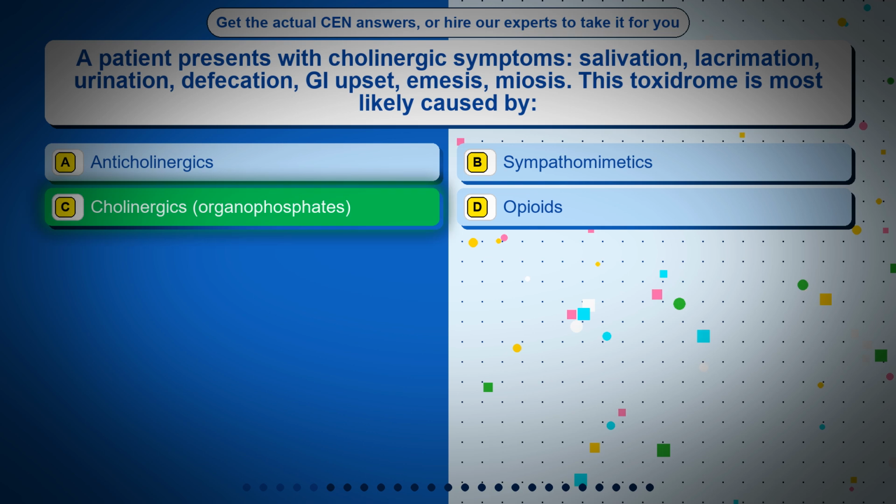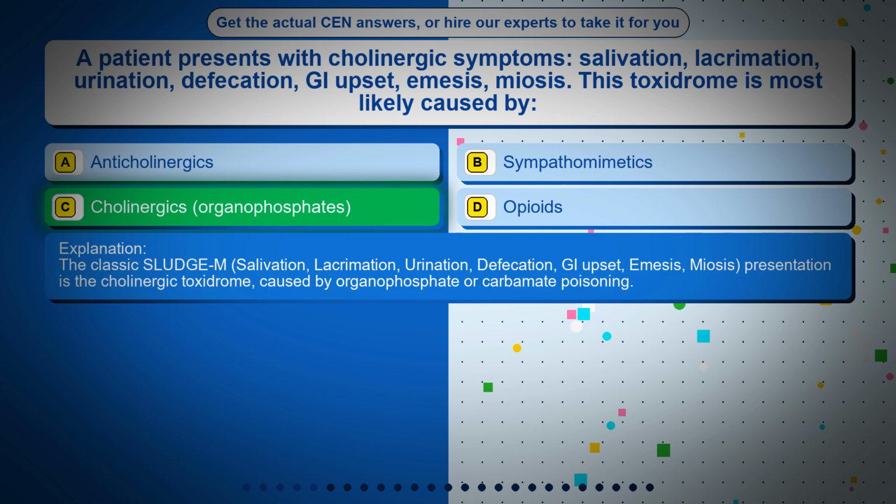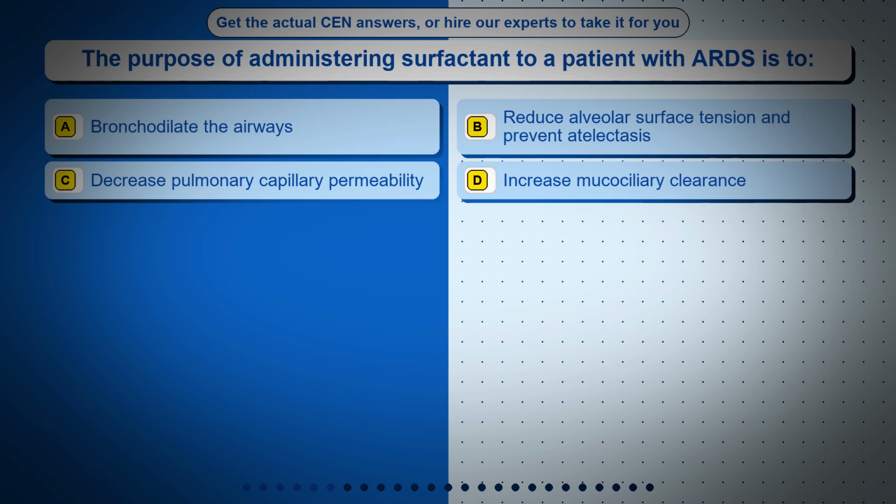The correct answer is Option C, cholinergics, organophosphates. The classic SLUDGE presentation, salivation, lacrimation, urination, defecation, GI upset, emesis, miosis, is the cholinergic toxidrome, caused by organophosphate or carbamate poisoning.